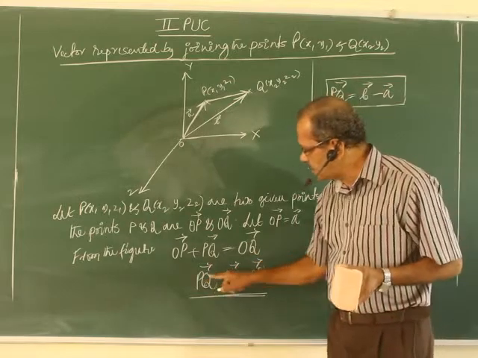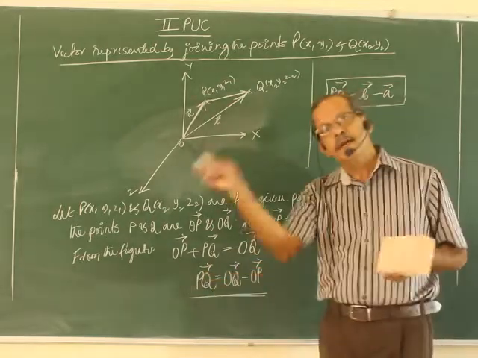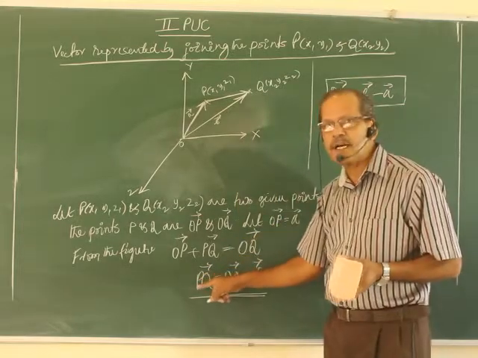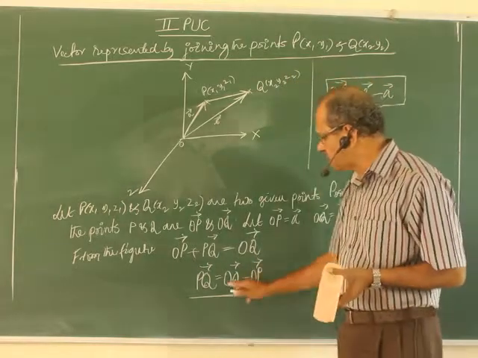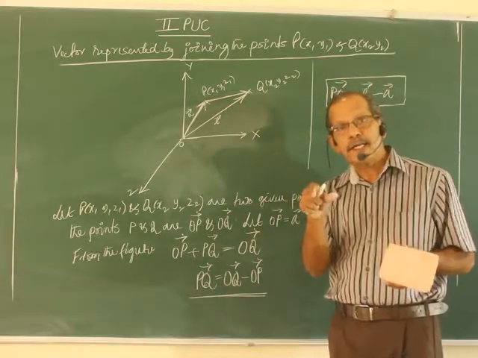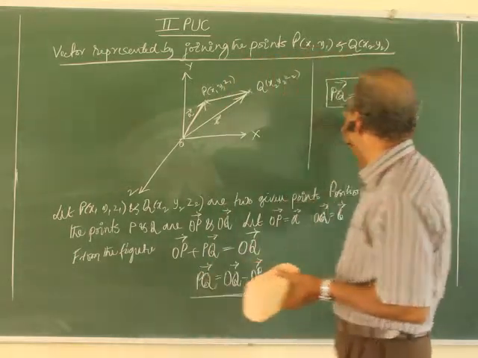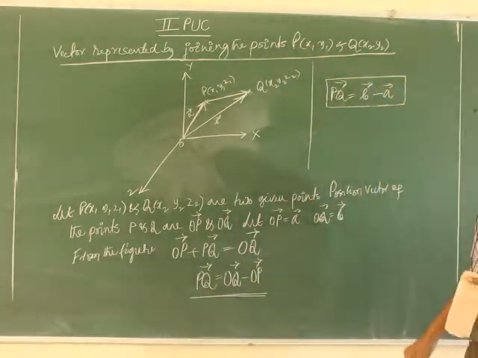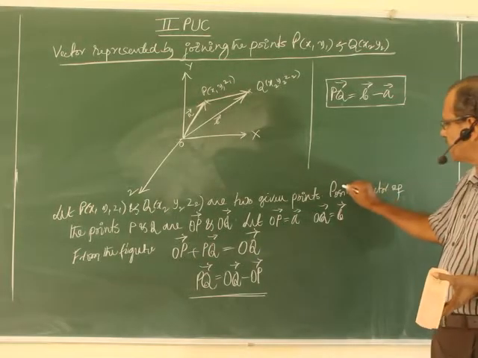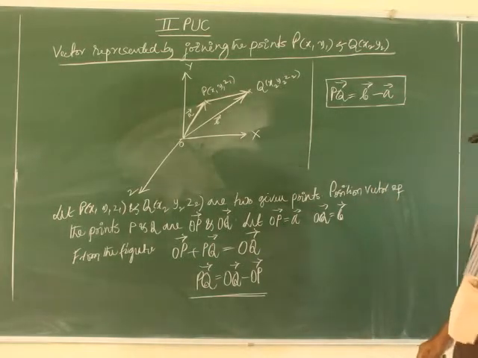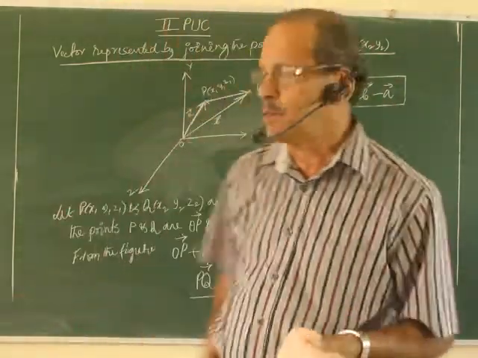PQ equals OQ, the position vector of the second point, the end point, minus the position vector of the first point. Remember, you just subtract the position vectors of 2 points, and you get the vector represented by joining the points. This is the formula we get: the position vector of Q minus the position vector of P is the vector PQ.